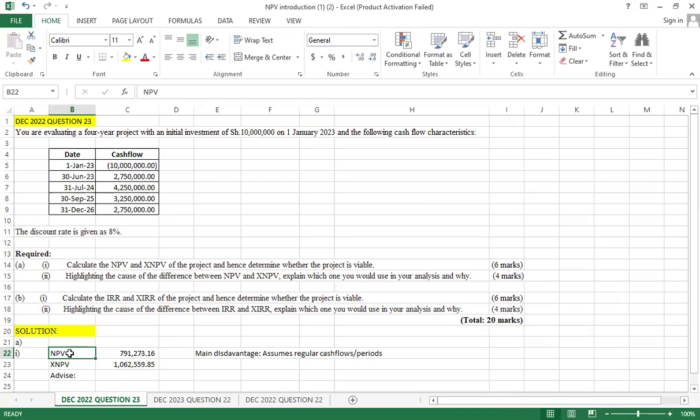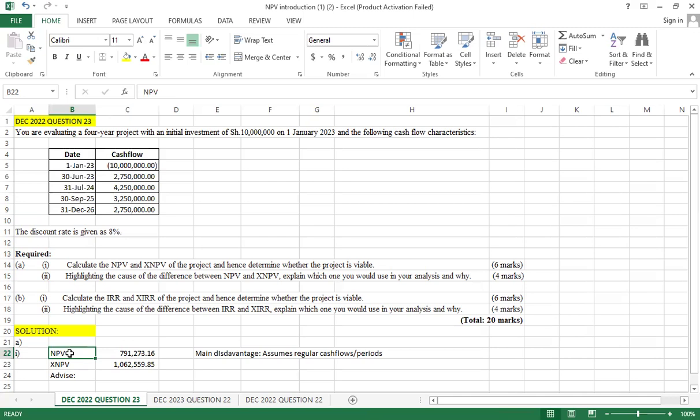Any question on how to determine the two measures, NPV and XNPV?